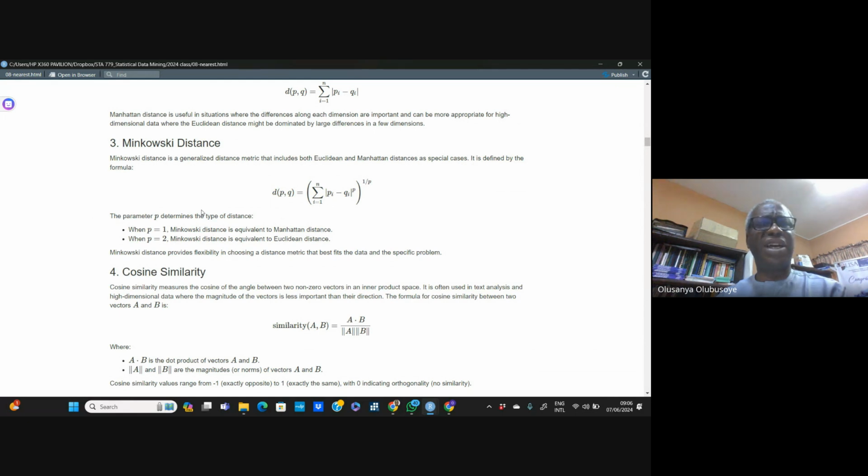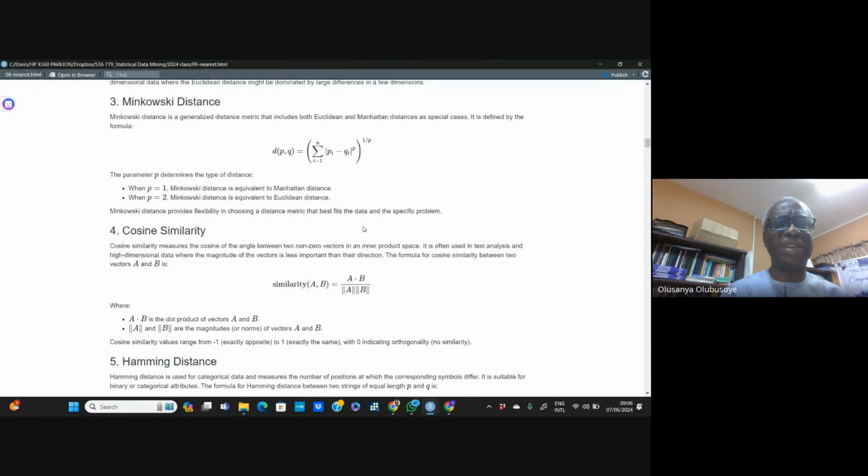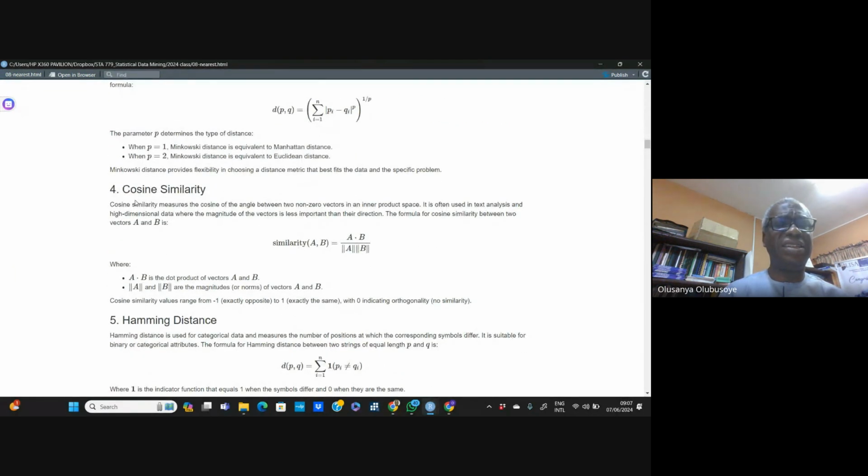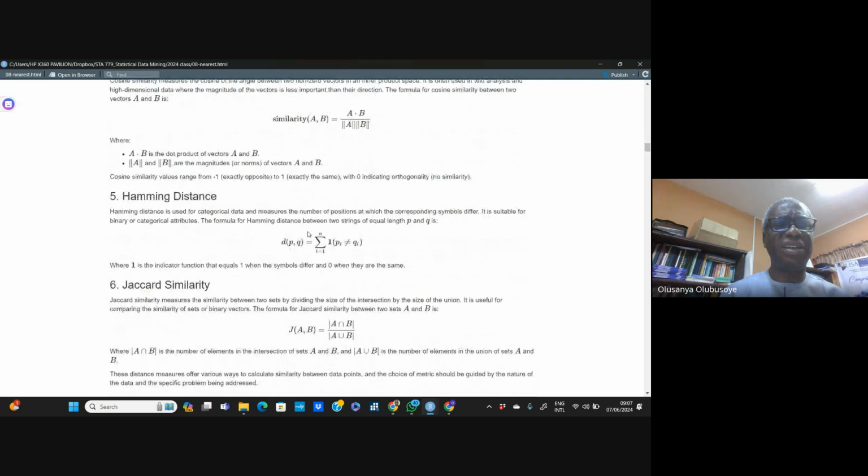Yes, I was saying that when p equals 1, Minkowski distance will be equivalent to Manhattan distance. And if p equals 2, it is equivalent to the Euclidean distance. Other distance measures include the cosine similarity, and this is the expression.